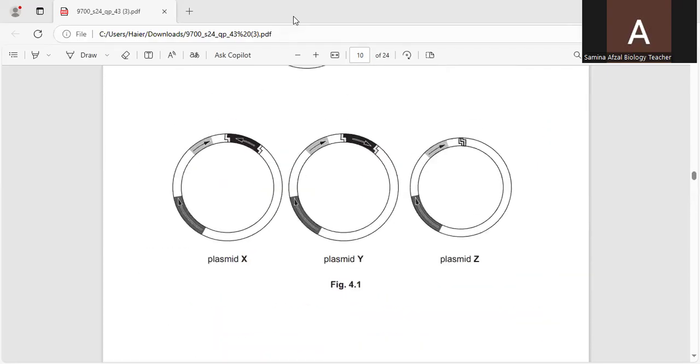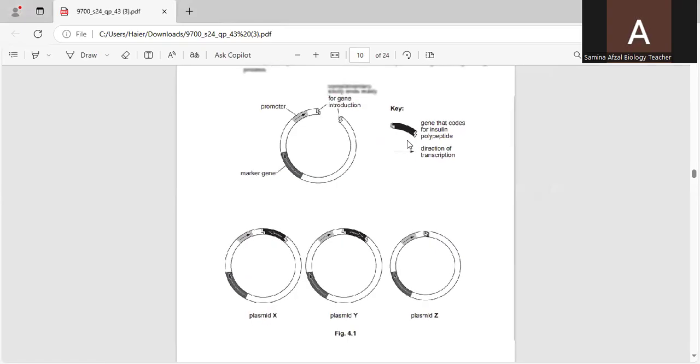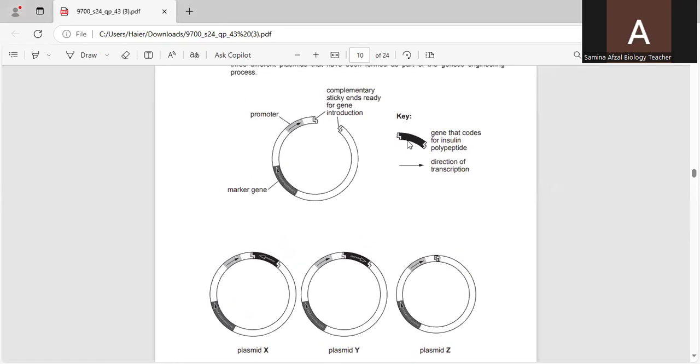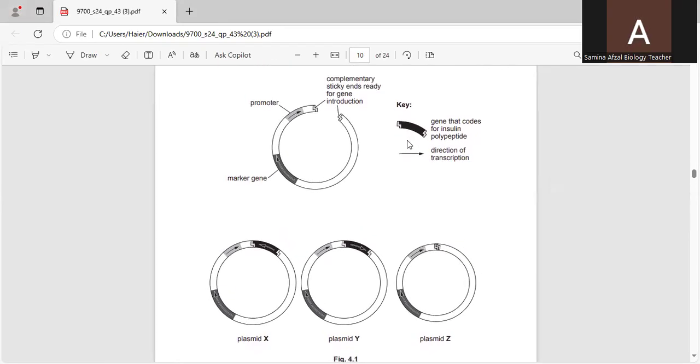First of all, I am going through this question, then I will write the answer in the given space. Here you can compare X, Y, and Z with this one.